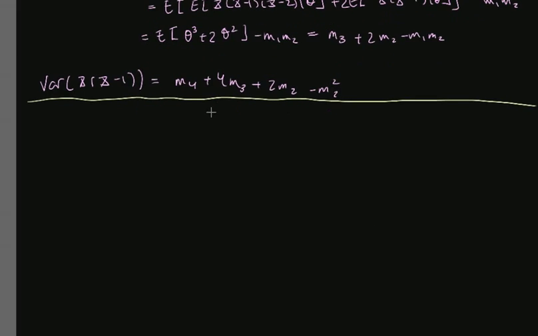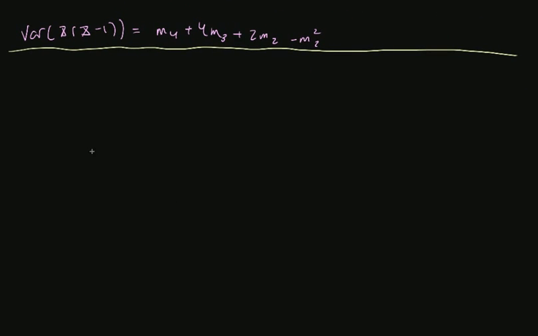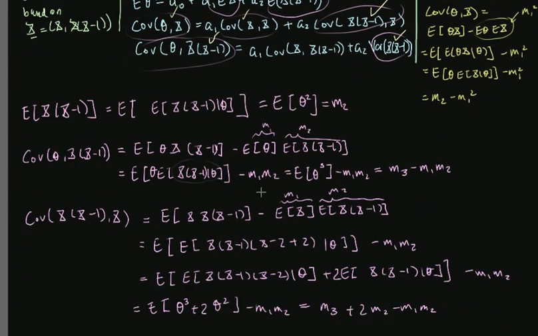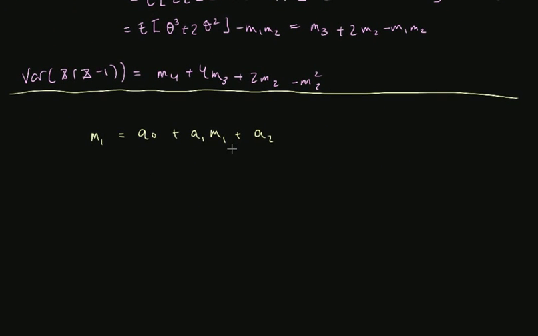So let's start with the first equation. We had the mean of theta, that's m1, has to be equal to a0 plus a1 multiplied by the mean of x, which was m1, plus a2 multiplied by, what did we have up here, the mean of x multiplied by x minus 1, and that is a2 and 2.